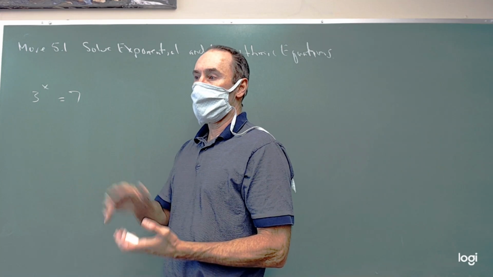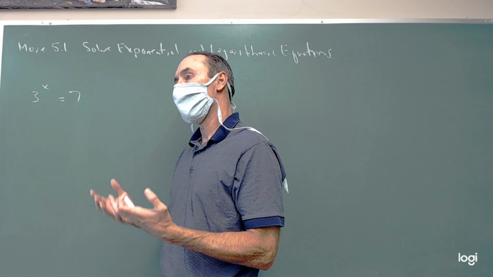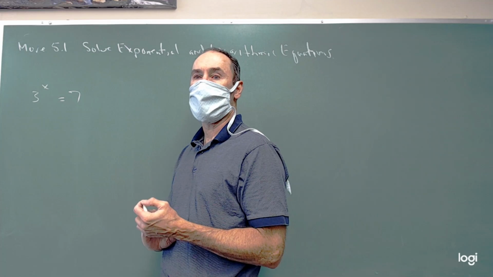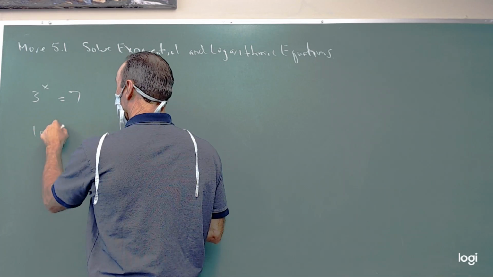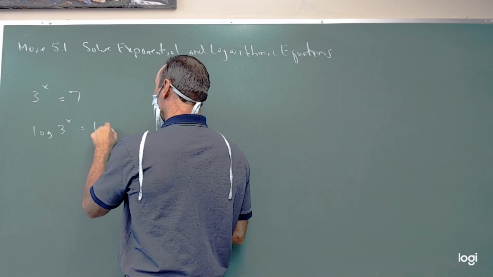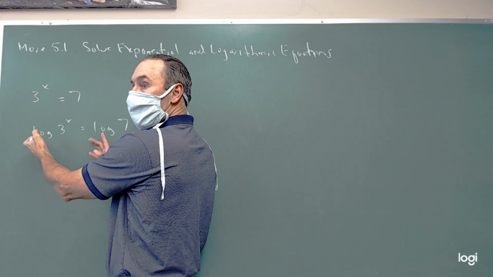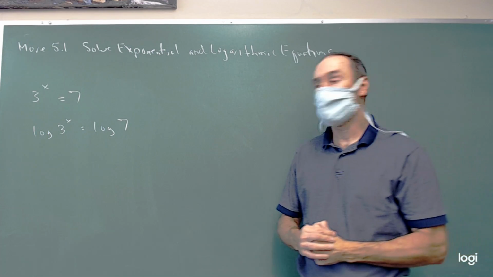I think there's a way in your calculator you can get to the logarithm base 3, which is fine, but you have right on the front a common log and a natural log. So typically what's done is you use one of those two, and it doesn't make any difference. You get the same answer, whether this is a common log, a logarithm base 10, or a natural log, whichever one of those buttons you have on the front of your calculator.